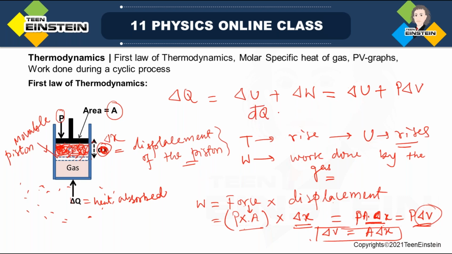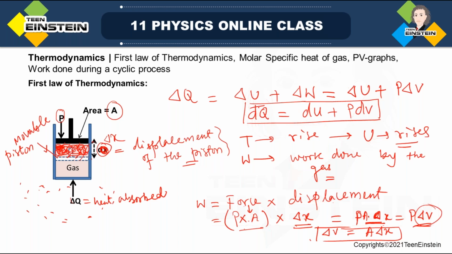So dq, sometimes it is written like this, with a cross over the d. I'll tell you why. You can see dU plus P dV in some other textbooks. So why is this crossed? Because this is not a state function, it depends on the path. That's why it should not have a total derivative, and that's why this bar is there.